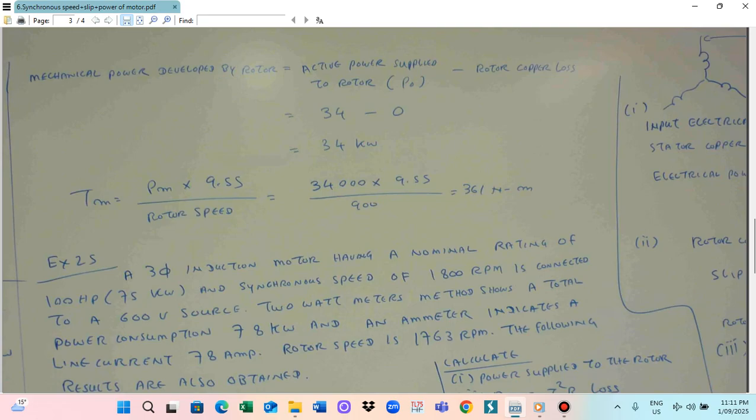And then we also need to calculate the mechanical power developed by the rotor. The equation we use is the active power supply to rotor minus rotor copper loss.